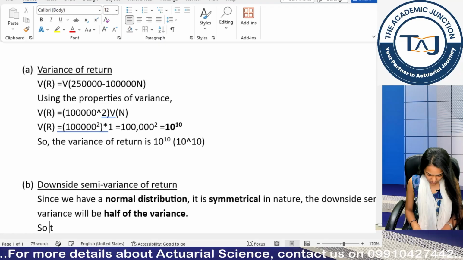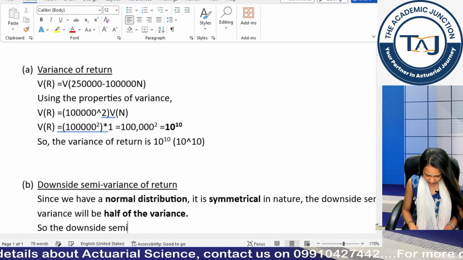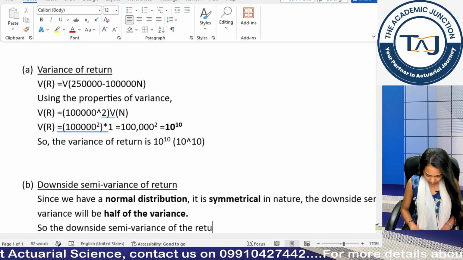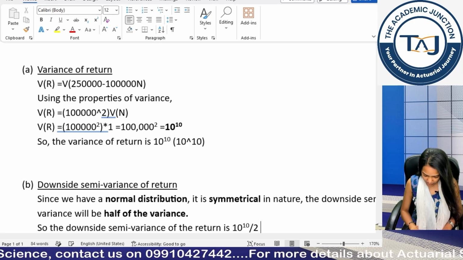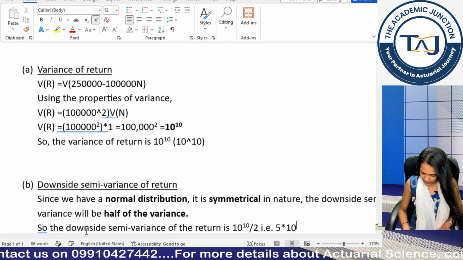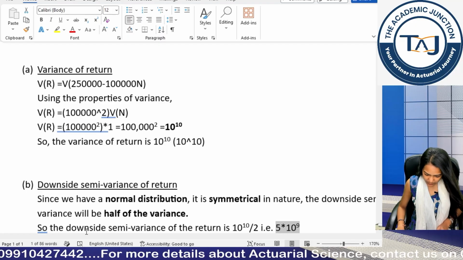So, the downside semi-variance of the return is 10 to the power 10 divided by 2, which will become 5 times 10 to the power 9. So, this is your bold out answer.